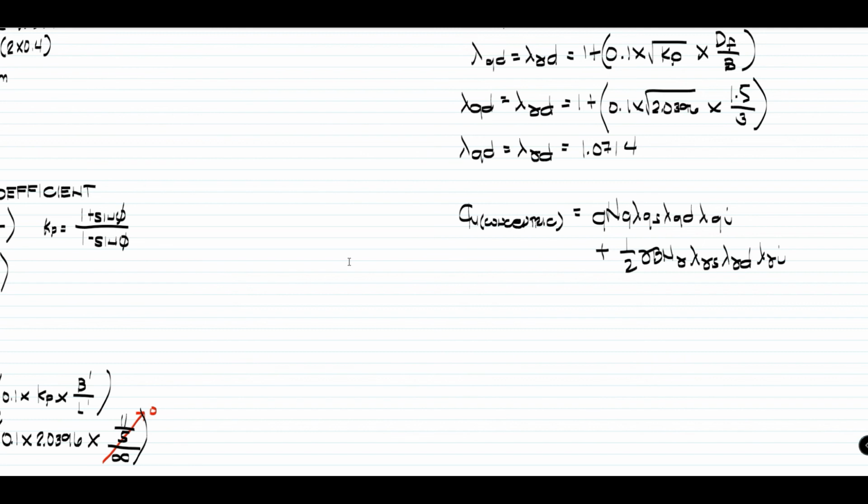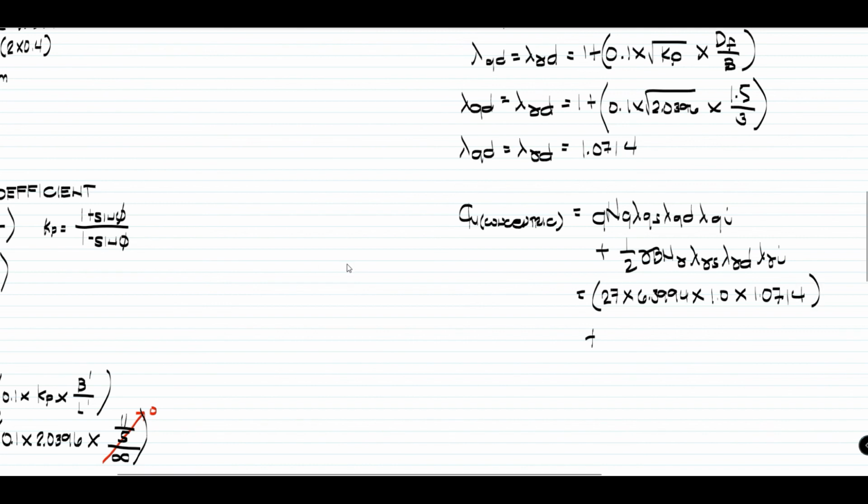So, for the QU concentric, we'll just have 27 times Nq, which is 6.3994, times the lambda QS, which is 1.0, times the lambda QD, which is 1.0714.